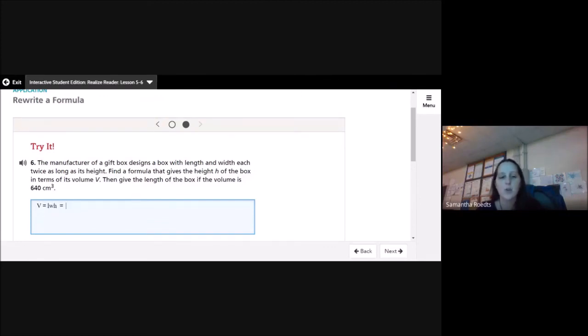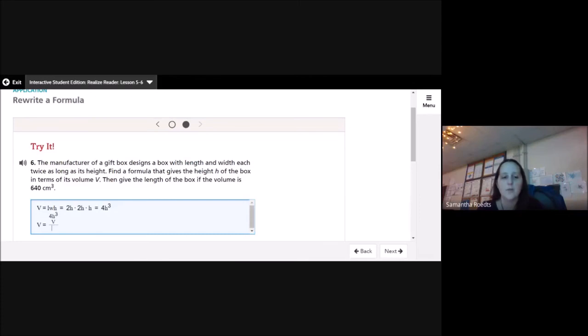Okay. We're told that with a length and width each twice as long as its height. So 2 times the height times 2 times the height times the height equals 4h cubed. And that equals v. So now I want to solve for h. So v equals 4h cubed.